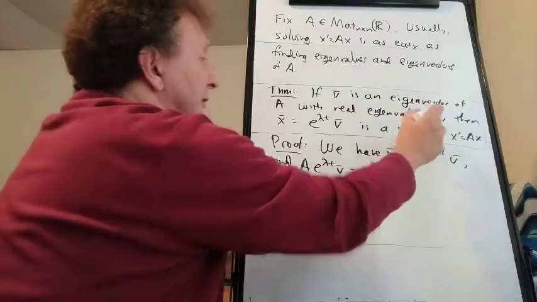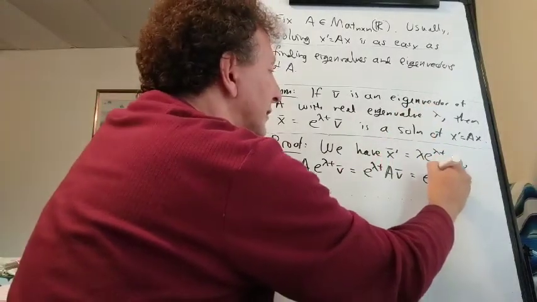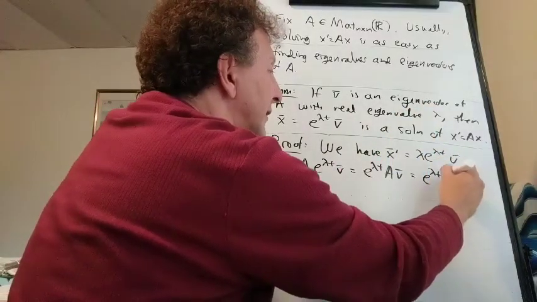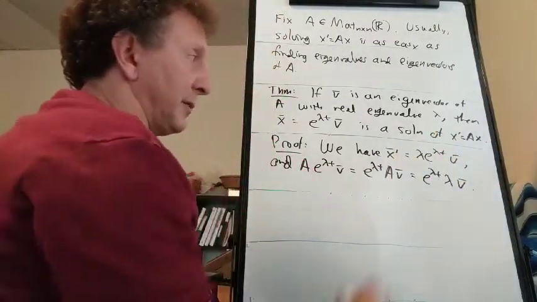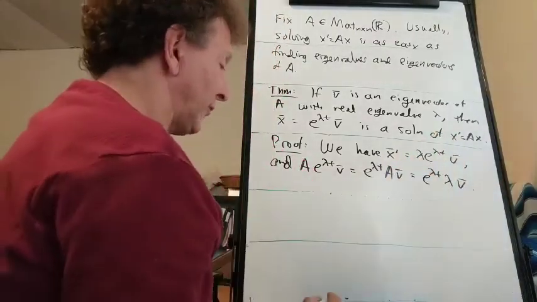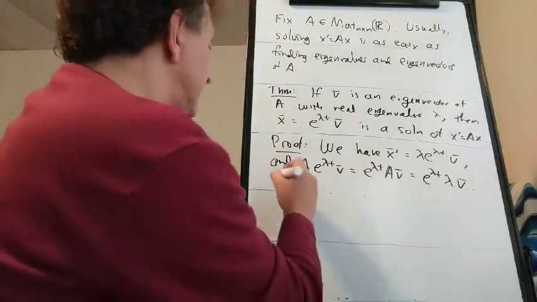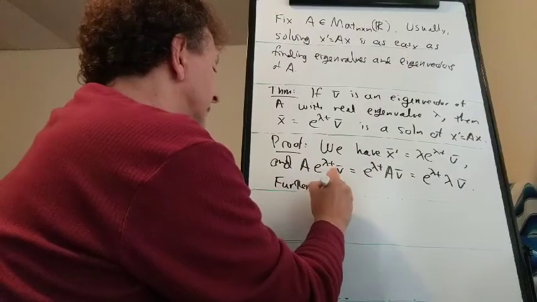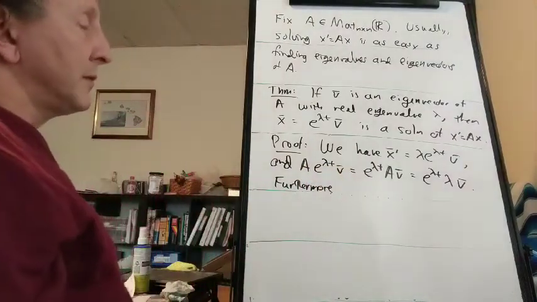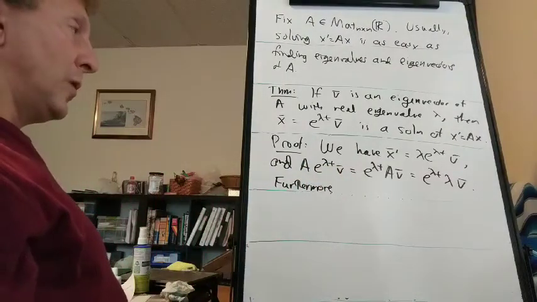We said the eigenvalue is lambda, so this gives us e to the lambda t lambda v, and we can see that these are just the same things. Lambda is a scalar, so we can pull it out. So that's how we can get one solution for every eigenvalue and eigenvector.